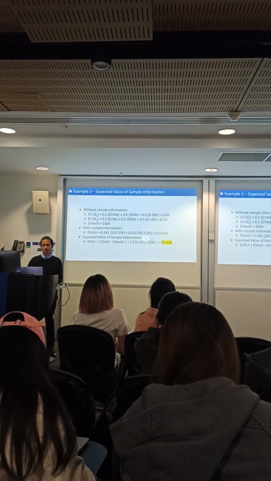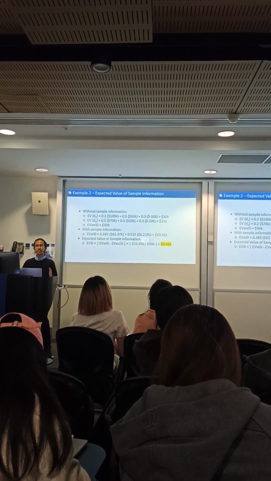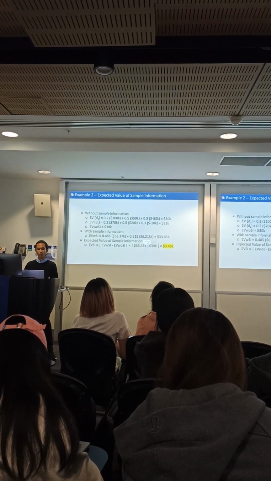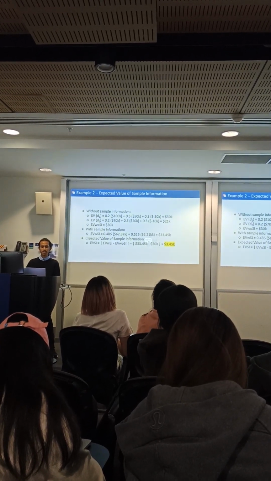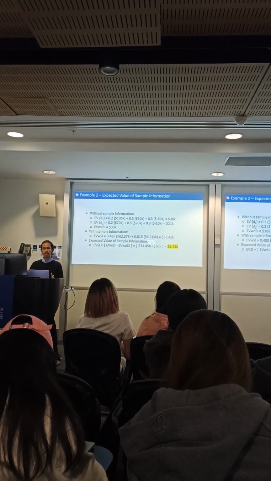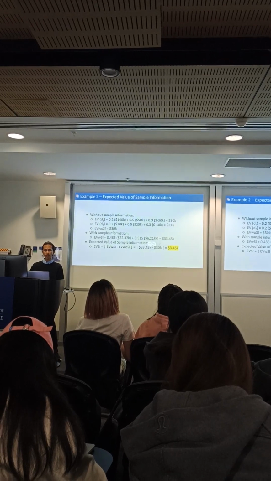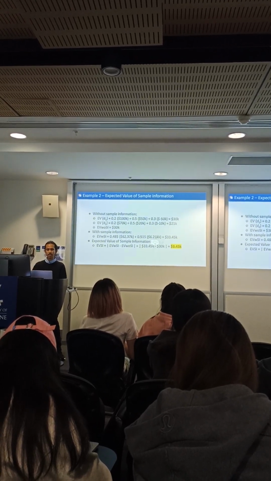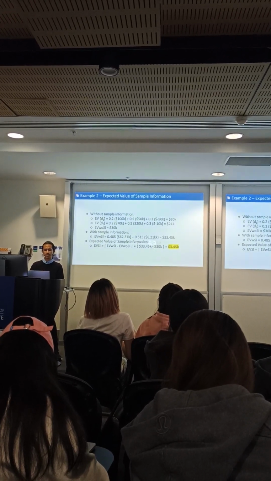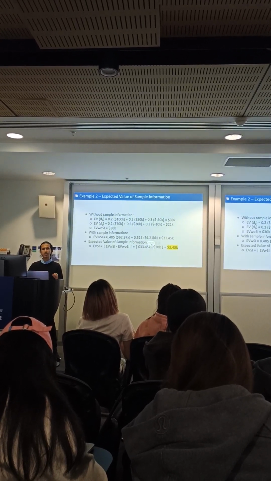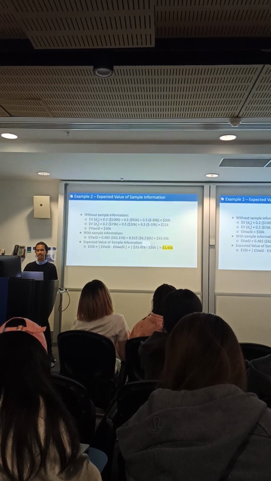And then after that, we could calculate the expected value of sample information similar to before. We could just subtract the expected value without information from the expected value with information. And then the final value is 3,450.